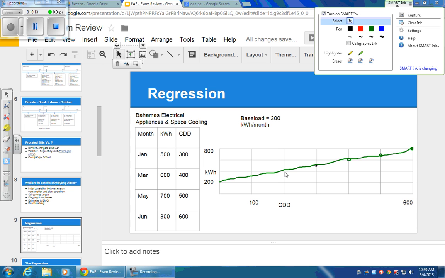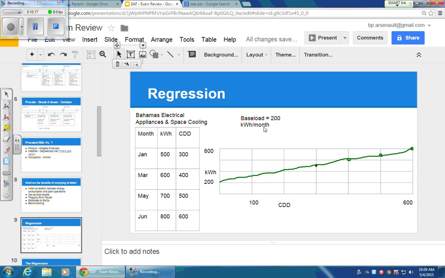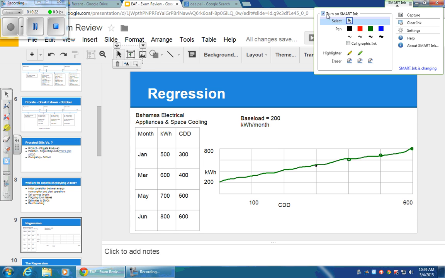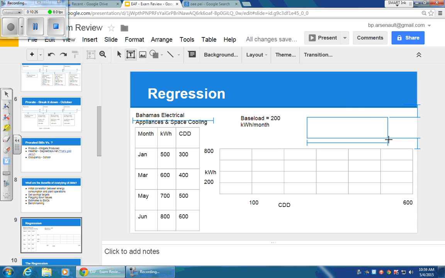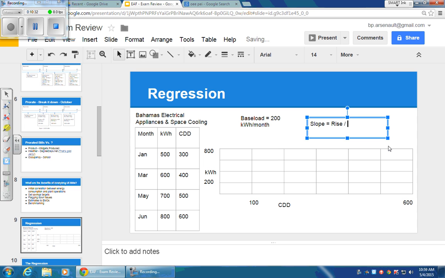So my slope is a perfect slope here. Slope equals rise over run, and in this case they're the same, 1 divided by 1, or equals 1.